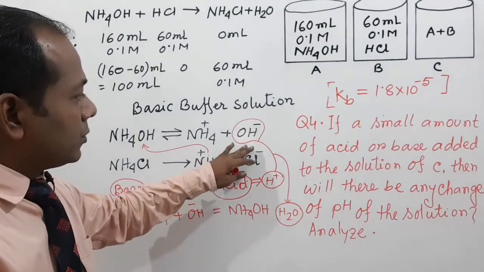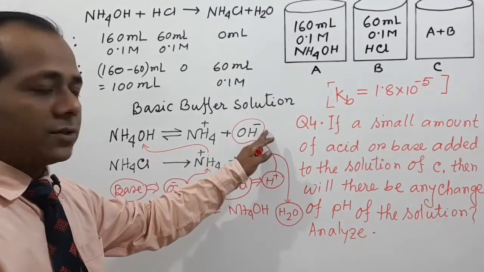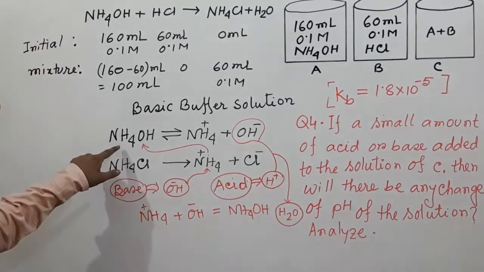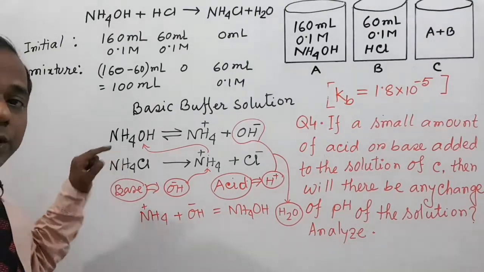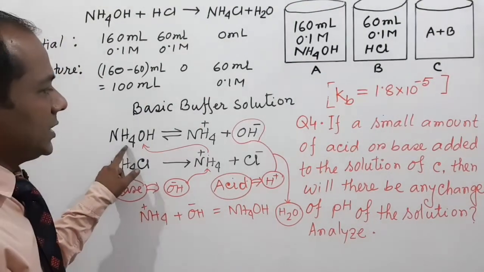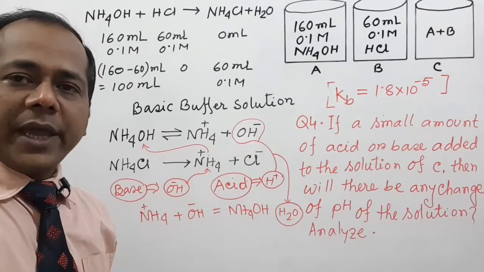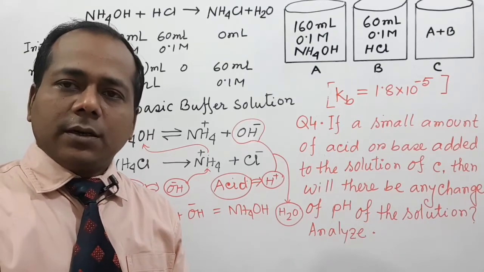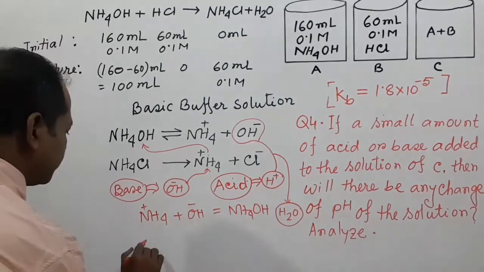Due to formation of water, the concentration of hydroxyl ion decreases, but this ammonium hydroxide is a weak base. According to Le Chatelier principle, this ammonium hydroxide now dissociates and the concentration of hydroxyl ion remains unchanged, and that's why the pH of this solution remains unchanged, my dear students.